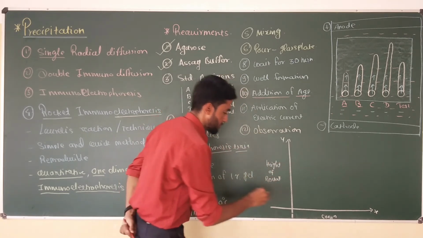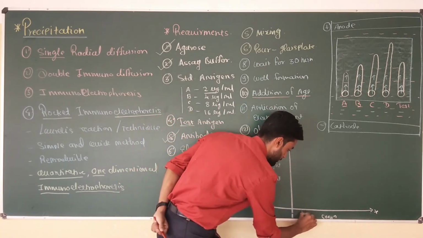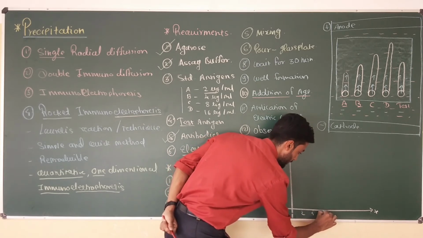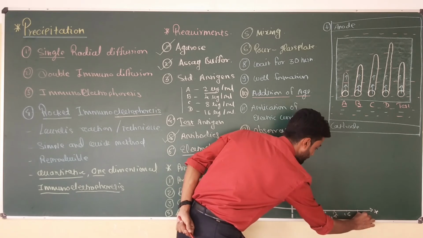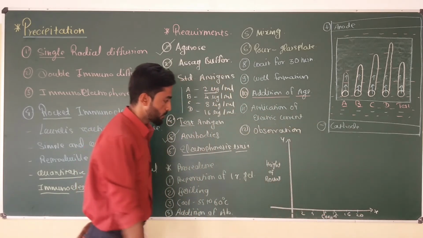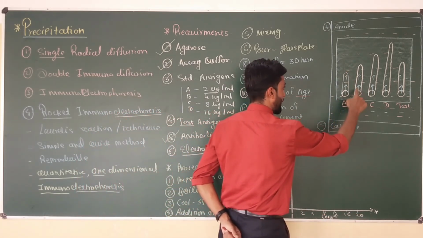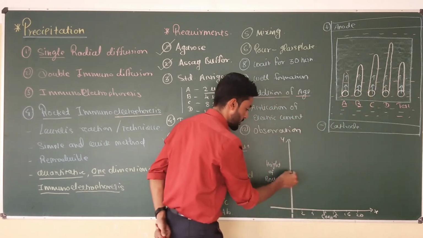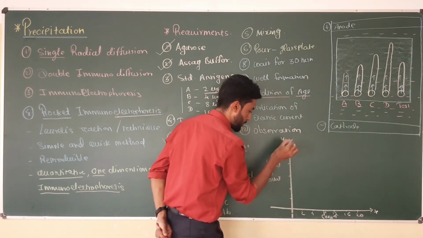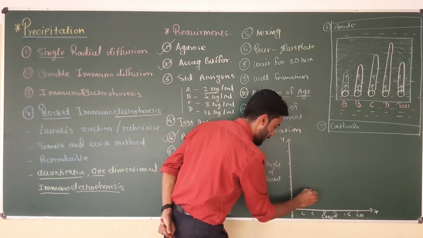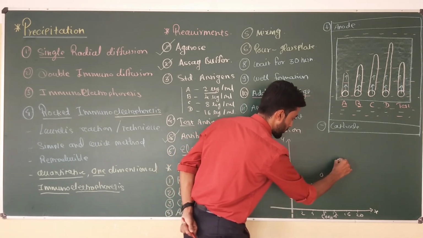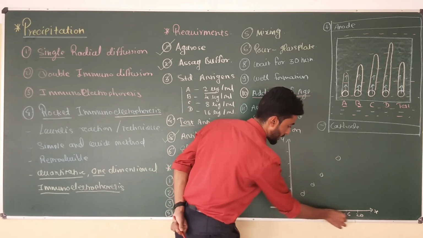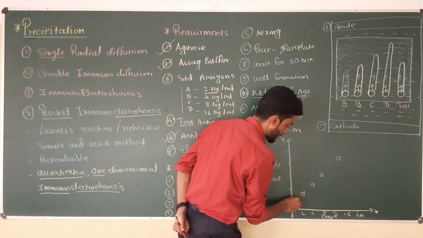Suppose the concentrations are 2, 4, 8, 12, 16 and so on. When we measure the height of A, B, C and D antigen and place the points at 2, 4, 8 and 16 concentration, we are going to get a straight line.